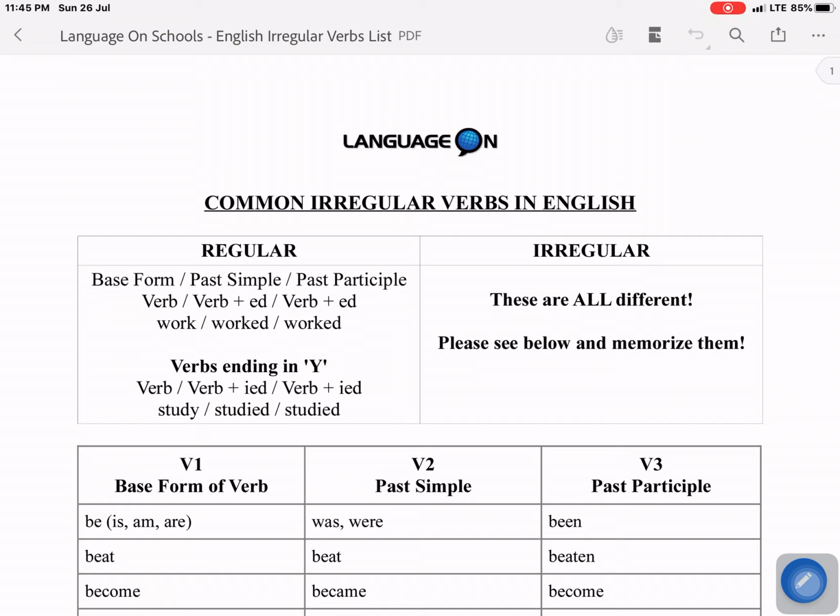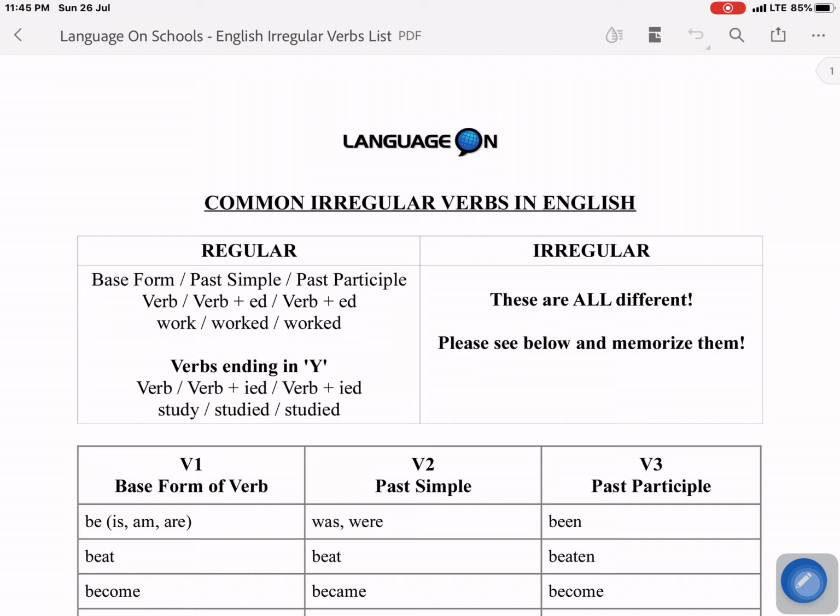For example, study, this is V1. If you want to make it V2, simply add ied, studied. Again in the V3 form, that is past participle also, studied. So it's quite easy to learn with regard to regular verbs.